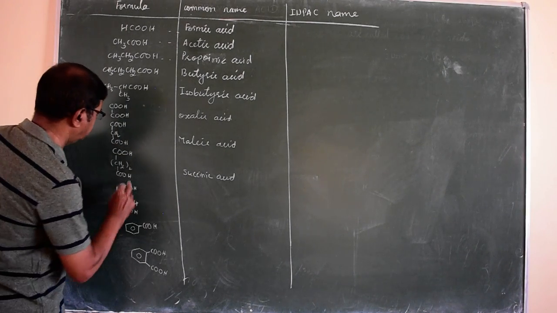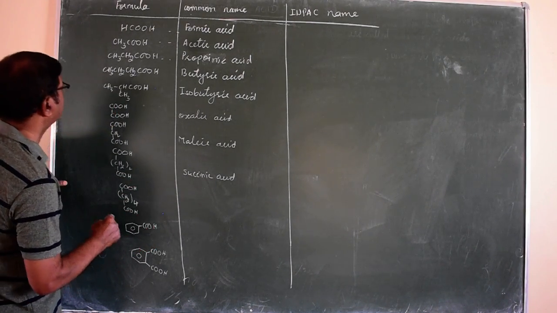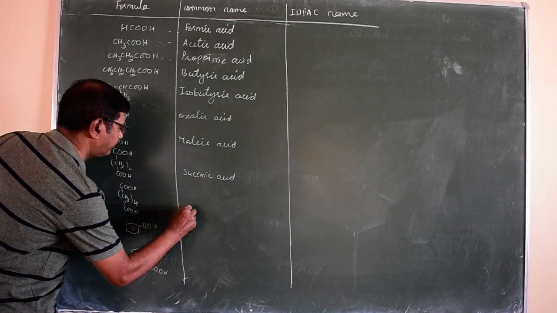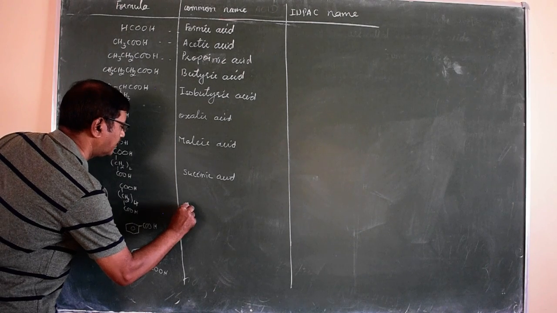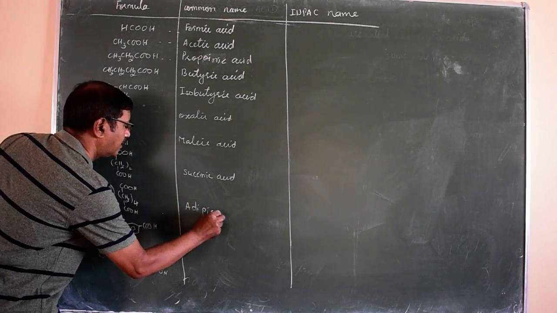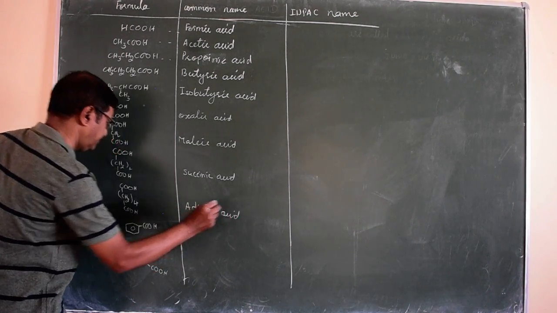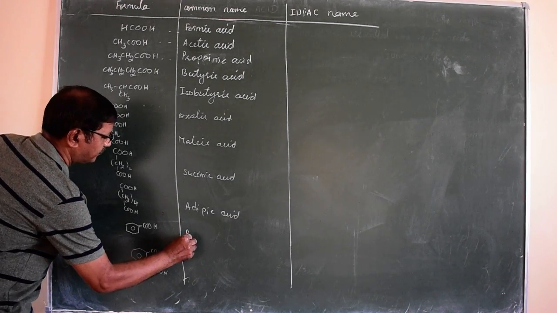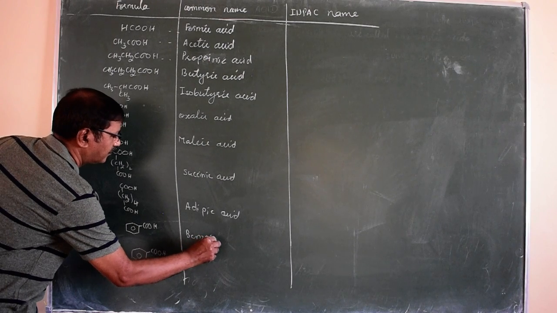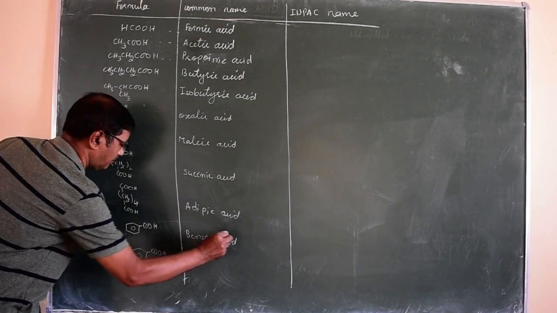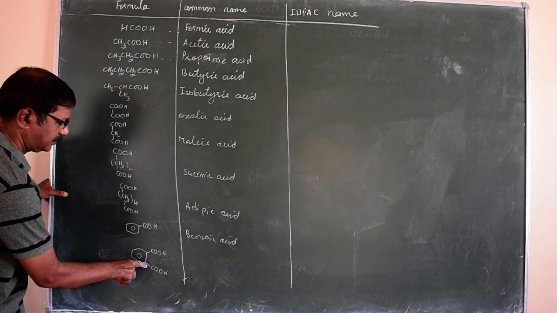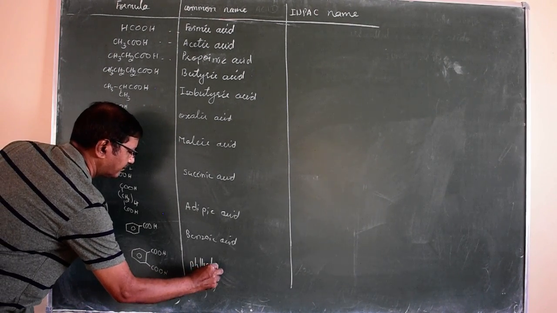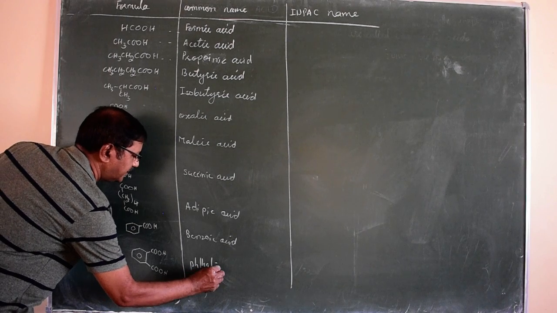Then adipic acid. Remember this one. Then we know this is called benzoic acid. And afterwards, this is called tannic acid.